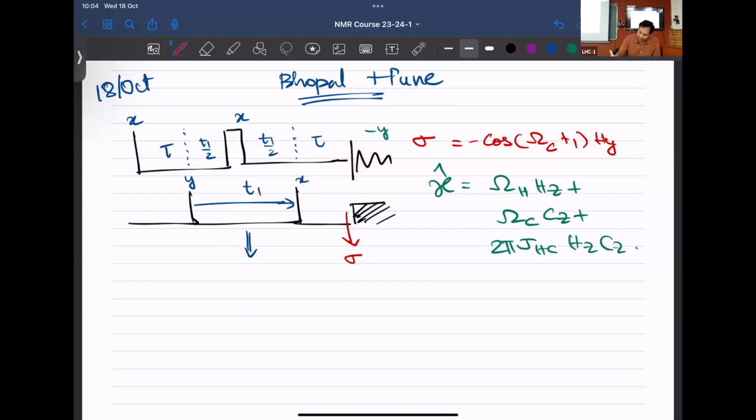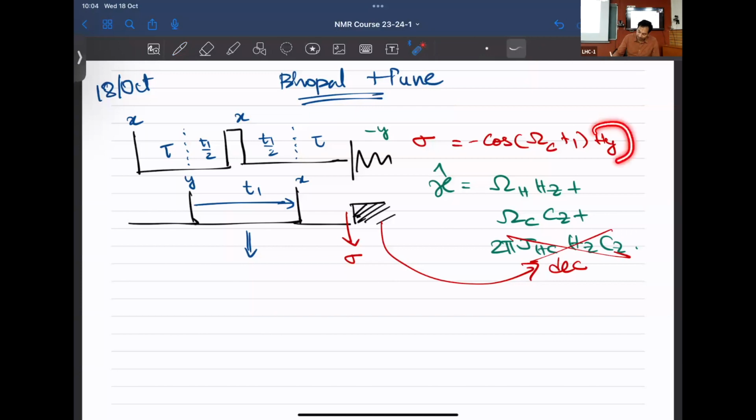As I had mentioned, if you are doing decoupling, you will be killing the scalar coupling between proton and carbon. This also you were briefly exposed to in the carbon 1D NMR experiment where the proton is decoupled. It's the same idea. Here the proton is acquired while the carbon is decoupled. So with that being the case, this will go away.